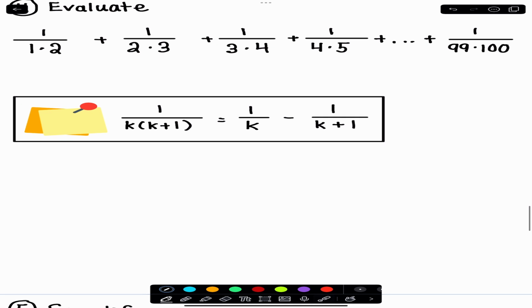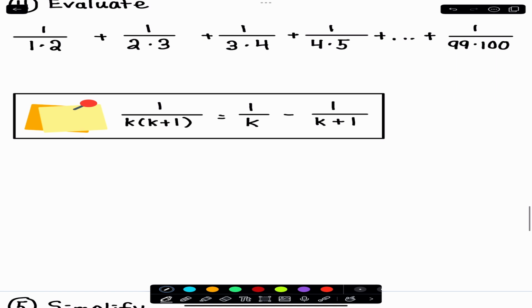So I'm going to start with this one. 1 over 1 times 2. Ask yourself, what is your k? Here our k would be equal to 1. This means that fraction can be rewritten as 1 over 1 minus 1 over 2. One over 2 times 3, the next fraction in the sum.